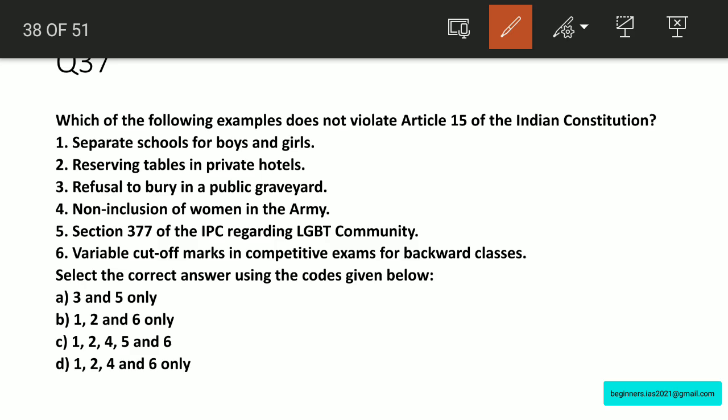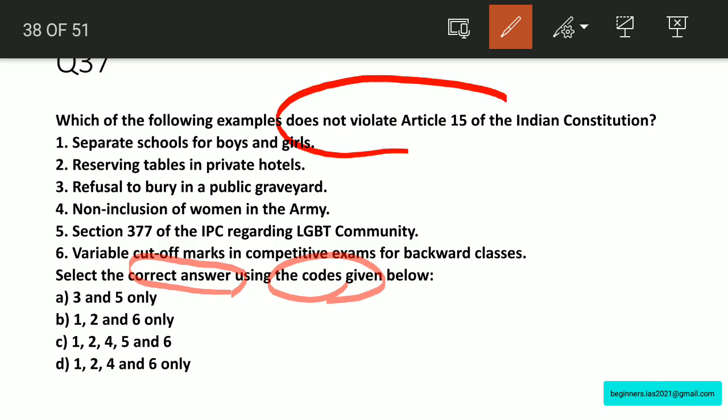Statement number 6, variable cutoff marks in competitive exams for backward classes. We have to identify the correct one using the codes, the one that does not violate Article 15.